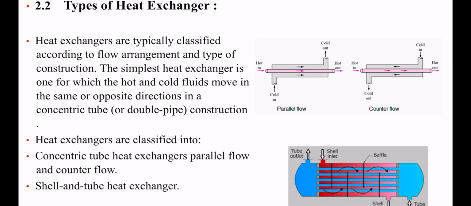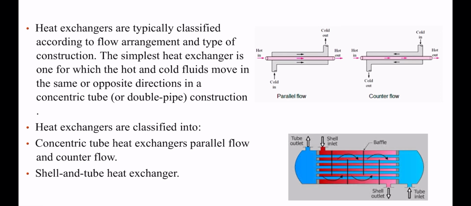The simplest heat exchanger is one in which the hot and cold fluids move in the same or opposite direction in concentric tube construction. So the types are categorized by how the fluids flow inside, how they move from one point to another.